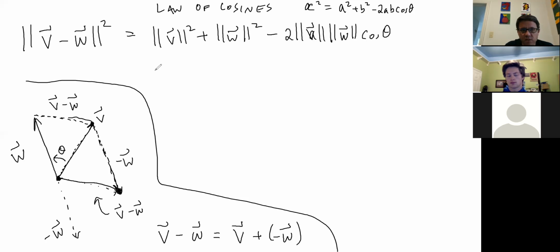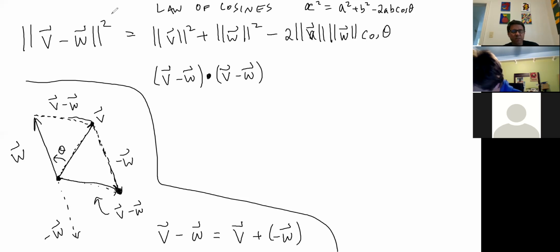So this left-hand side is V minus W dotted with V minus W. So again, length squared is a dot product, so those two things are the same. On this side, it's a little bit easier. I just write down the formula I just had. The length of V squared is V dot V. So that's that one. The next one is just W dot W.